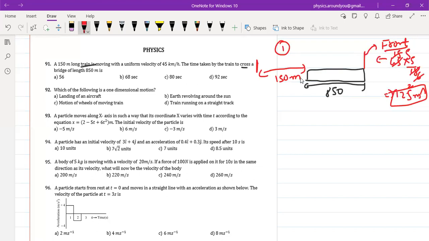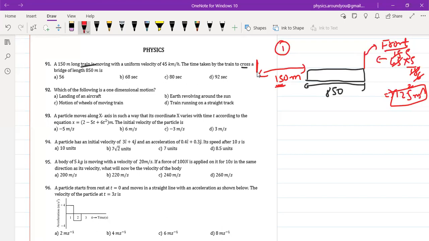We say that the train crosses the bridge if the back end of the train is at the leftmost part of the bridge. So what would be the front end's position then? The front end is obviously 150 meters away from the back end, so it should be 150 meters over here.